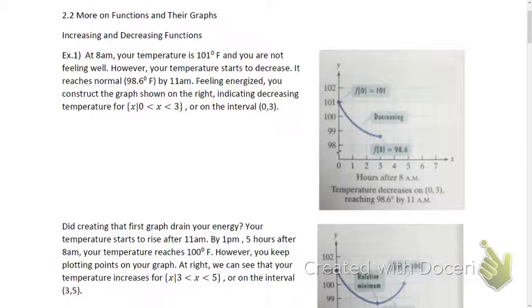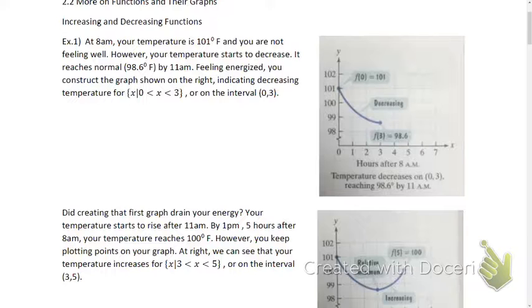That's what everyone does. Maybe not. I don't know. Probably not. But anyways, this describes it, and I think it's a really good example of increasing and decreasing because it explains it in great detail.